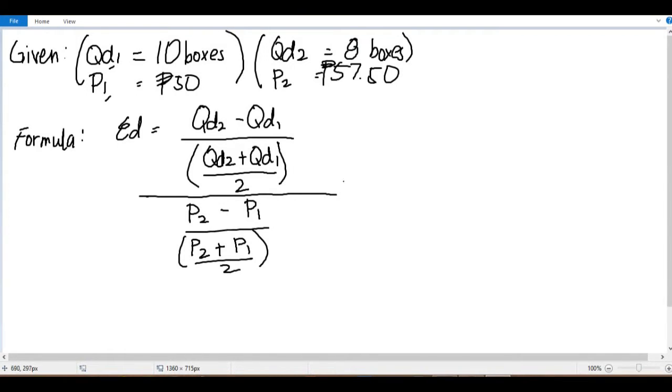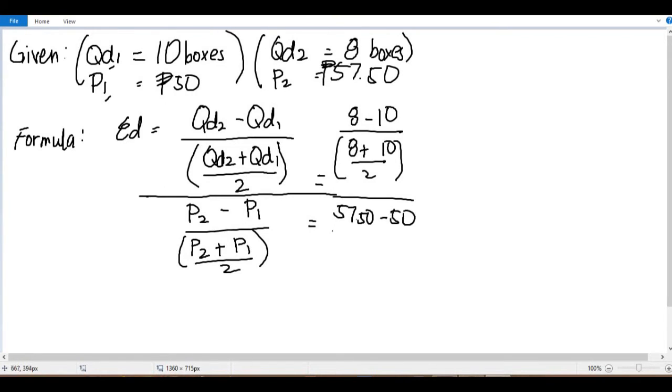So, substituting it, QD2, QD1, so we have quantity, 8 minus 10 divided by 8 plus 10 divided by 2. Okay? Then, sa baba, we have P2 is 57.50 minus 50 divided by 57.50 plus 50 divided by 2.